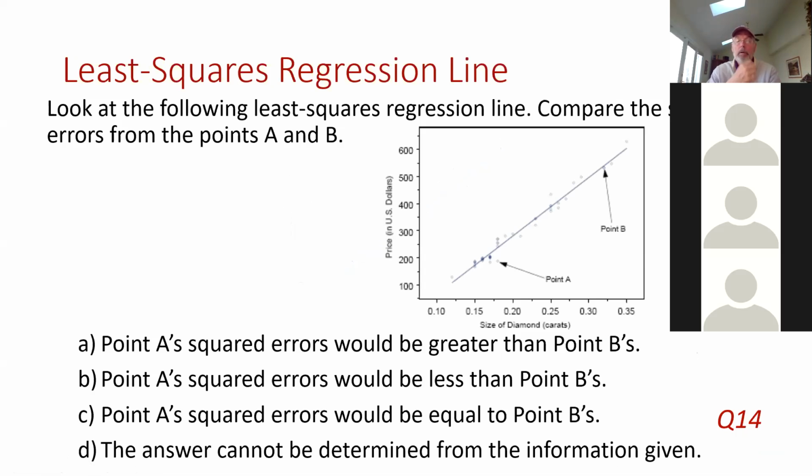How about this one here? We're taking points, right? And we're starting to think about how far away these points are from the line. And if we were to call those the squared errors, which one would be?